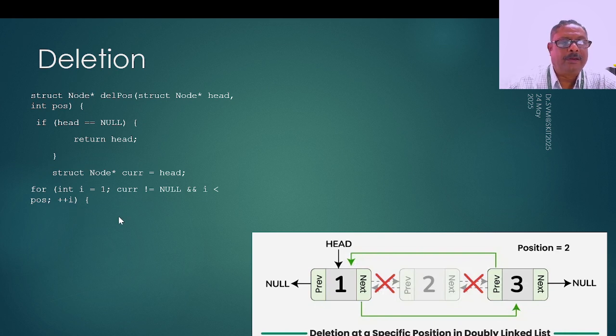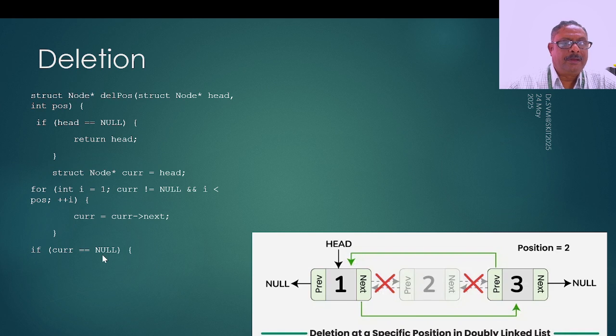At every loop, just keep moving one step further. So if we say position 2, then this is 1, then this is 2. At 2 we have to stop.